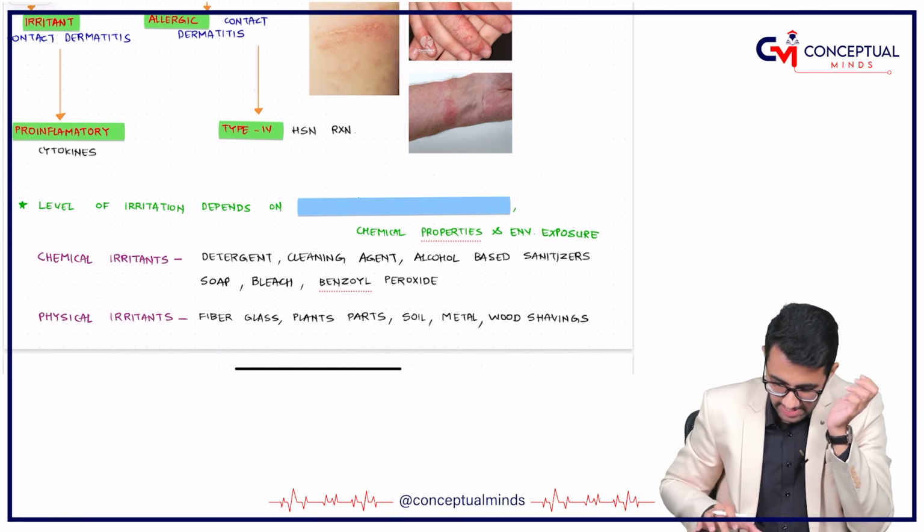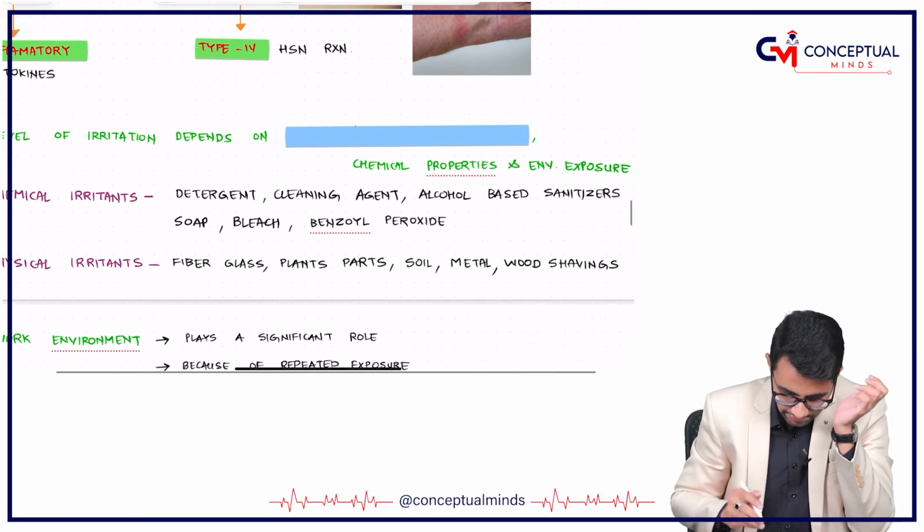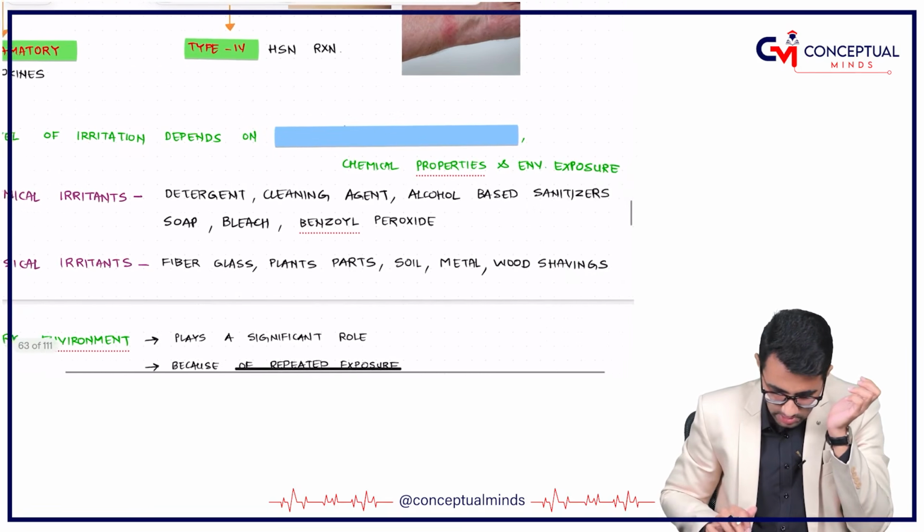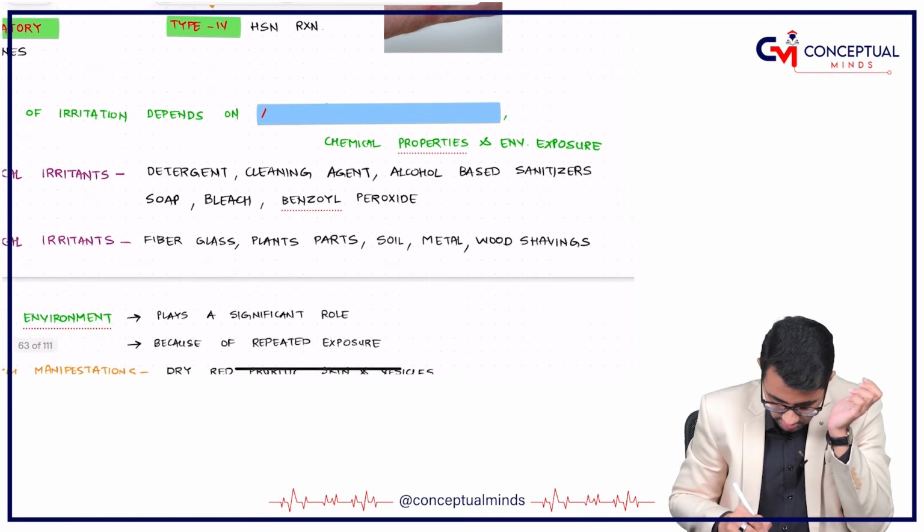Simple, nothing much complicated here. So the level of irritant depends on the amount and length, that is the duration, of exposure.